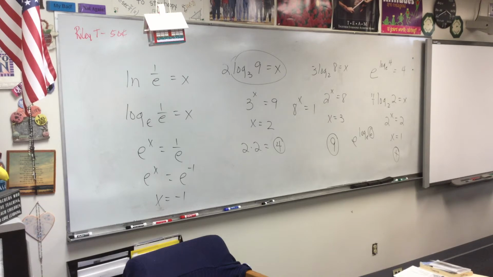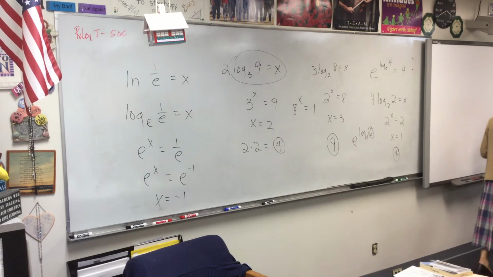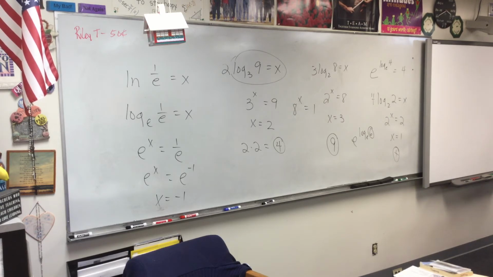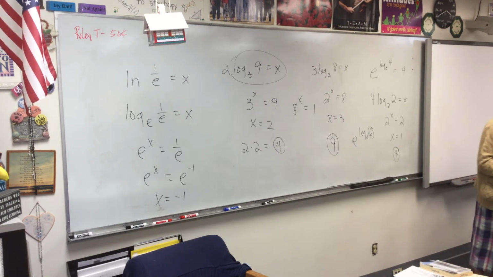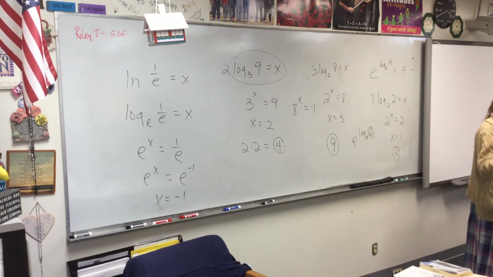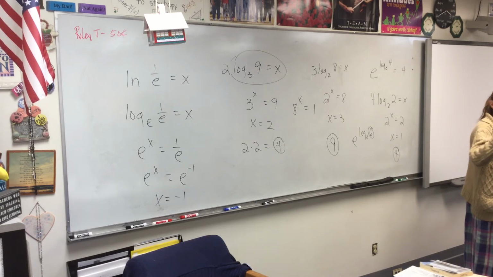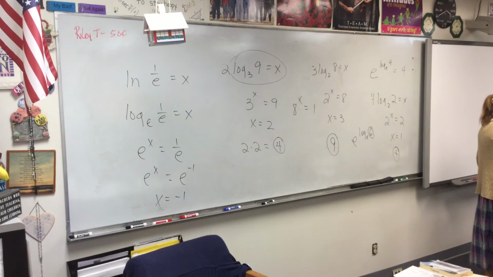So we log 8.61, and the answer is 0.9350. It says round to the 10,000th. That's 4 decimal places.